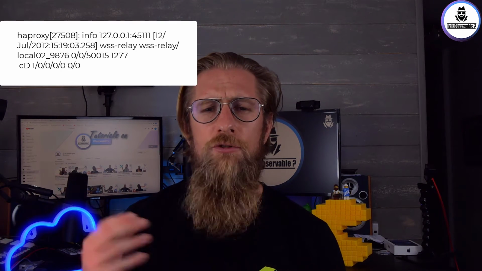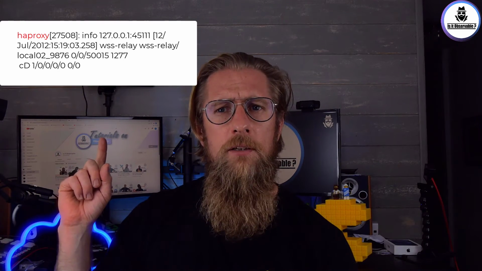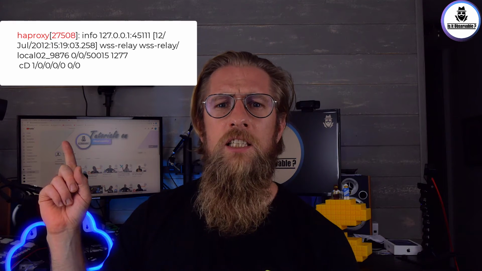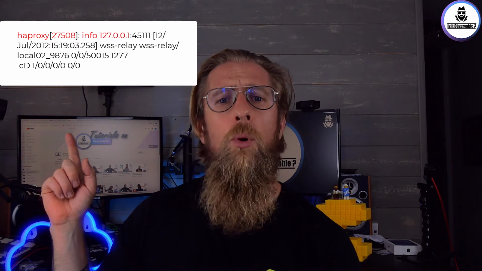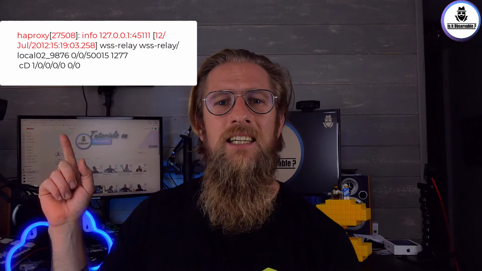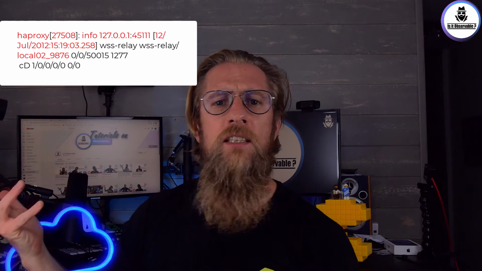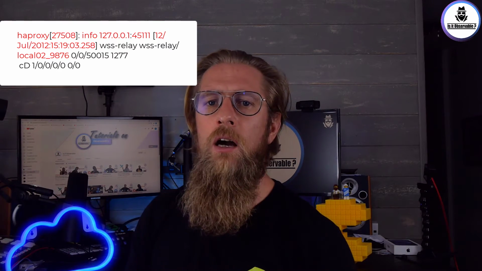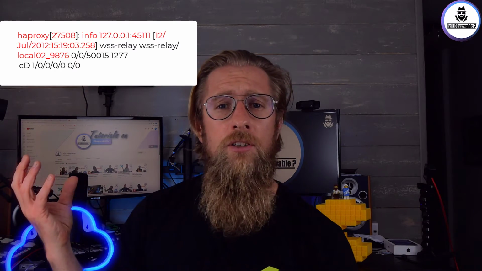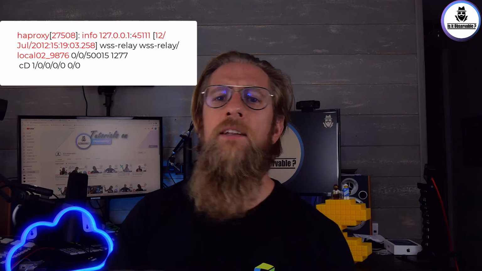If we pay attention to the structure here, there's the process name, the process ID, the severity, the IP address, the port, the date and time, the server, and then a couple of statistics like the number of bytes, the active connections, the connection to HAProxy, the connection to the backend, the server connections, and so on.